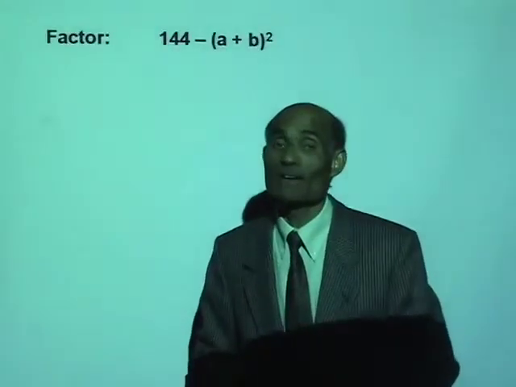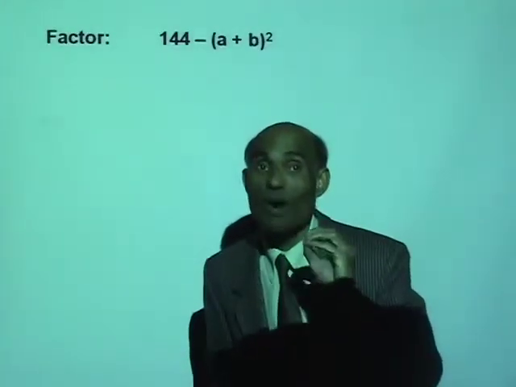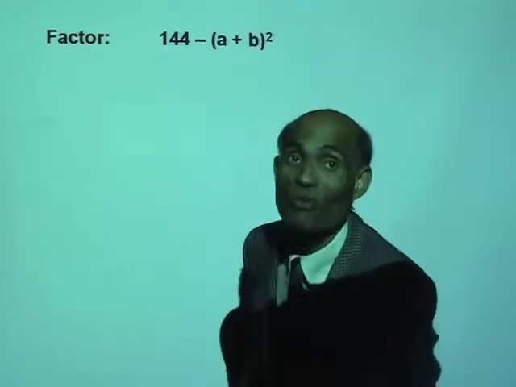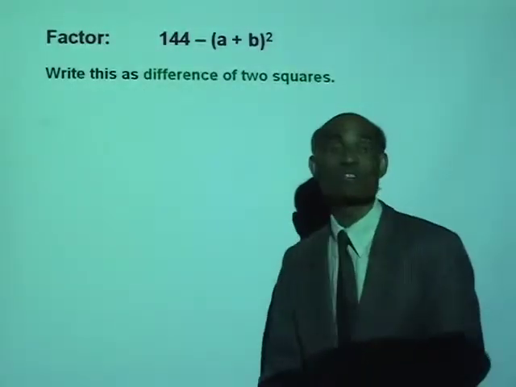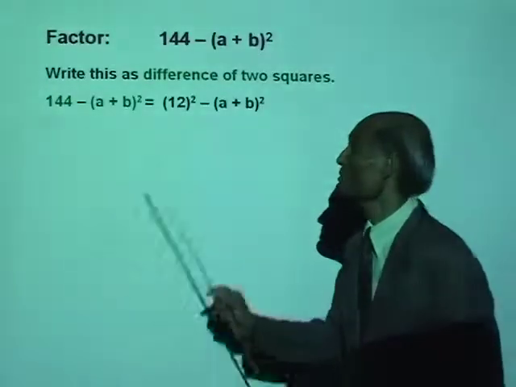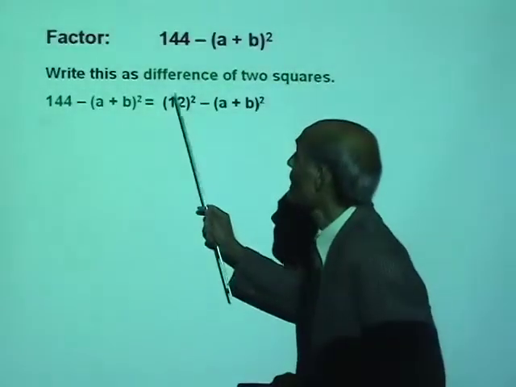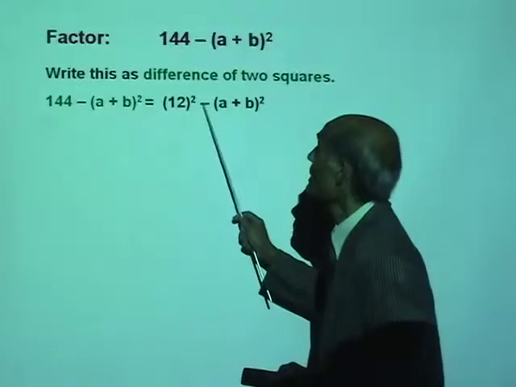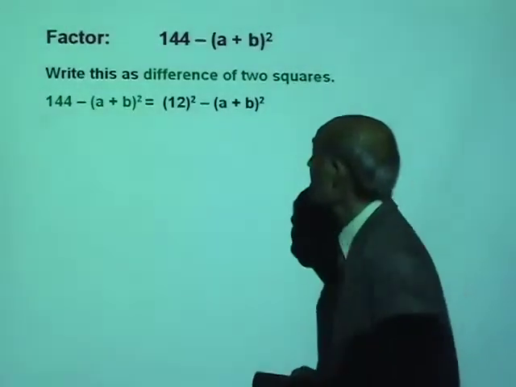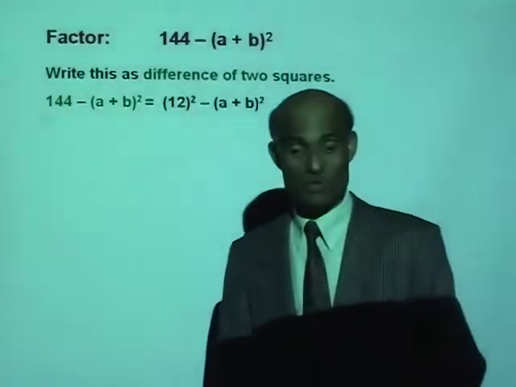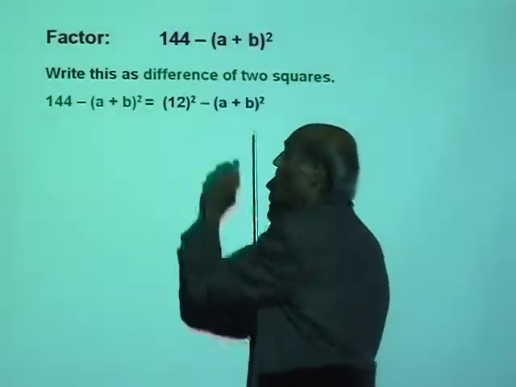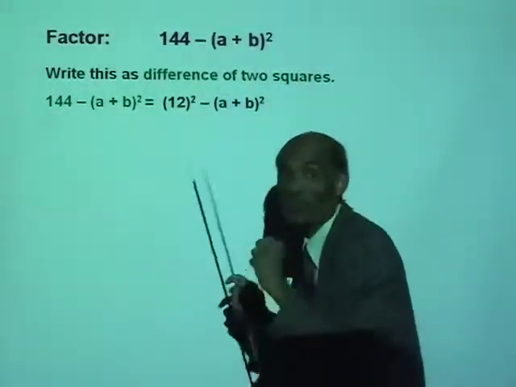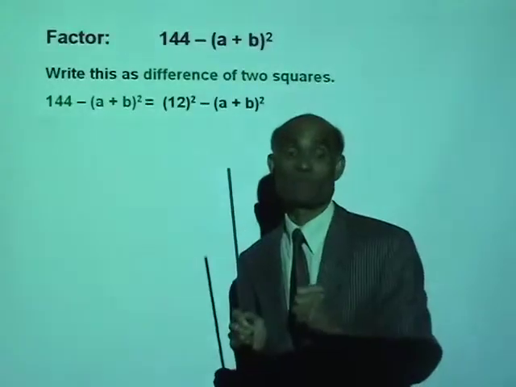You must know that. 12 squared is 144. Therefore, writing this as the difference of two squares, 144 becomes 12 squared minus the quantity a plus b all squared. This is now one quantity squared minus another quantity squared.